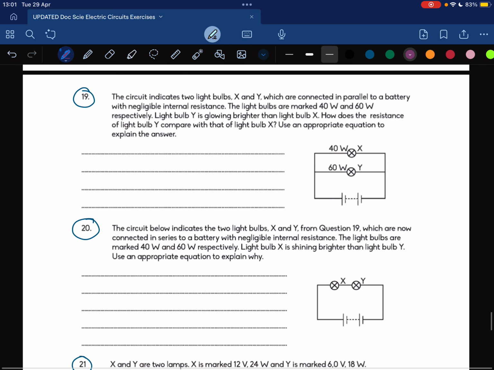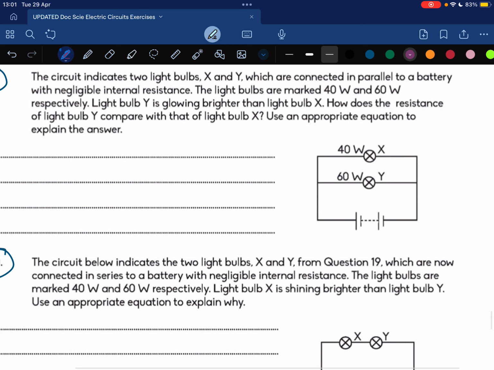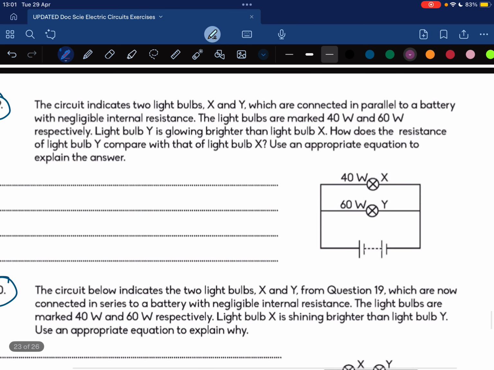Okay, then 19 and 20 are more of your application type questions. So these are like your level 3 or level 4 questions where you're going to be asked to interpret what is happening. So you have two light bulbs, X and Y, and you are told that they have 40 watts and 60 watts each.